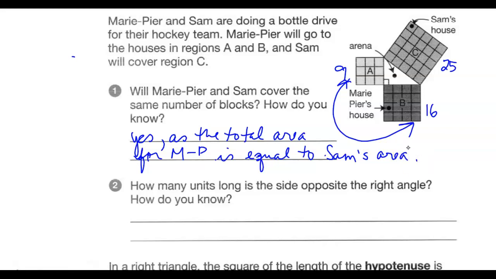How many units long is the side opposite the right angle? So here, notice how it forms a triangle inside here, and the side opposite is how many units? 1, 2, 3, 4, 5. 5 units.